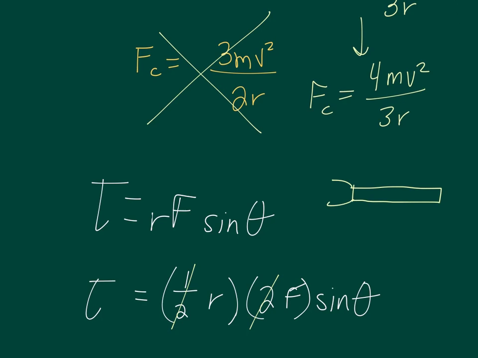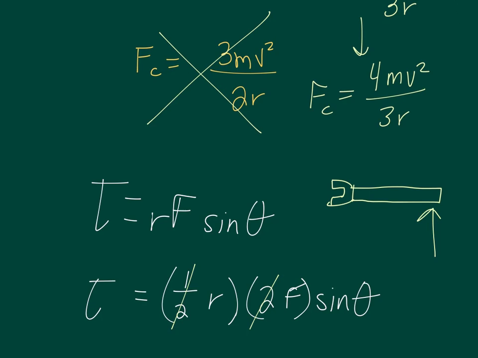Here's the head of the wrench right here. You apply a force on that wrench perpendicular to it. You get a ton of leverage by pushing this way. But instead of pushing at 90 degrees, what if I push at like 2 degrees? Is this going to rotate easily? No. If anything, I'm going to push the wrench off of the bolt or off of the nut. So 90 degrees gives you maximum torque.